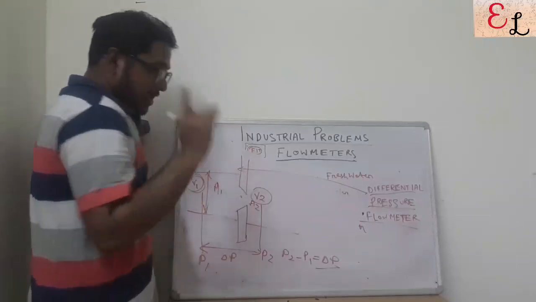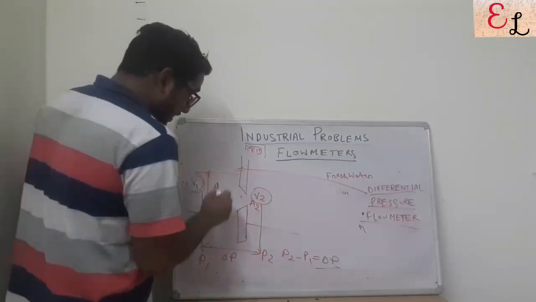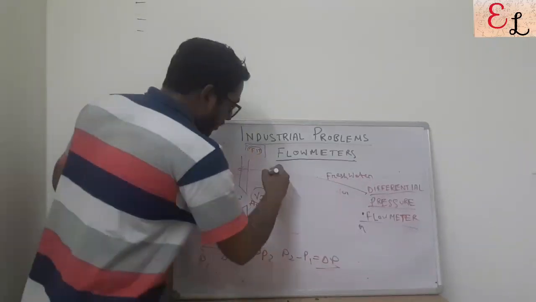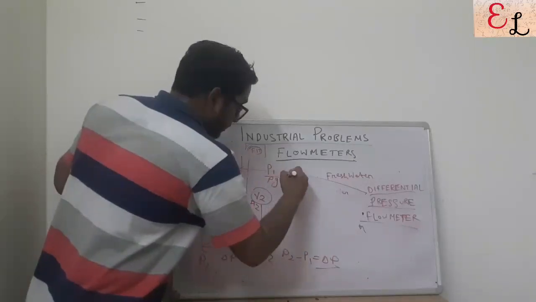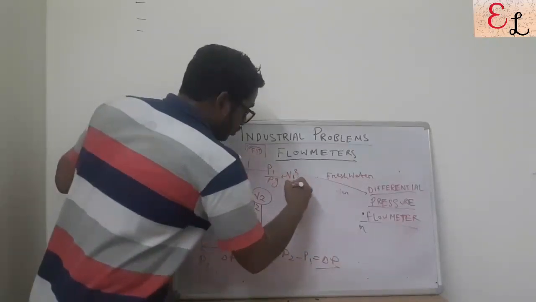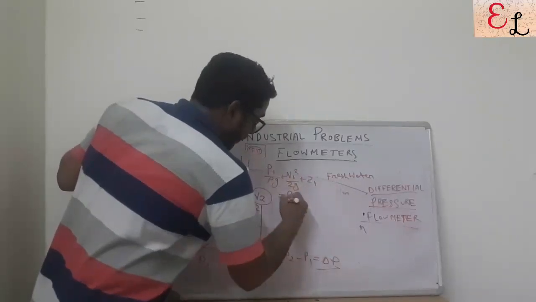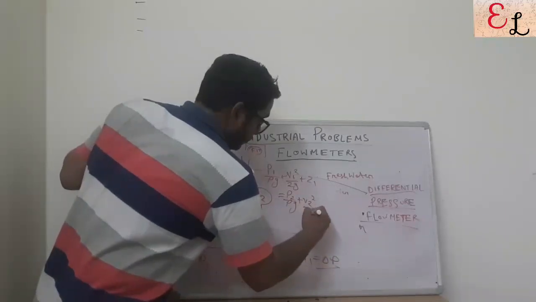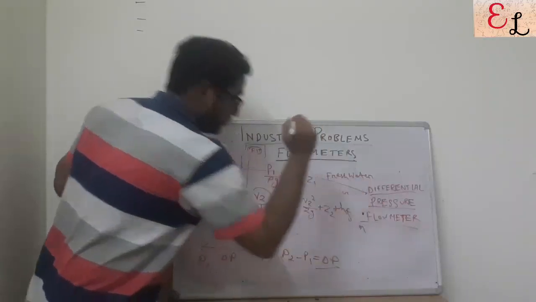So if I draw the Bernoulli's equation, considering Z level as the same, Z1 and Z2 as the same, we write the Bernoulli's equation: P1 by rho g plus V1 square by 2g plus Z1 is equal to P2 by rho g plus V2 square by 2g plus Z2 plus HF.